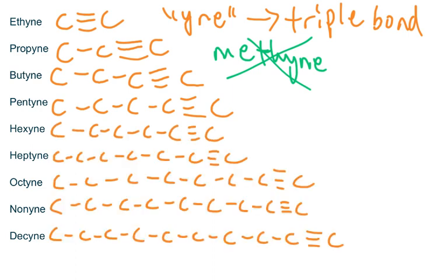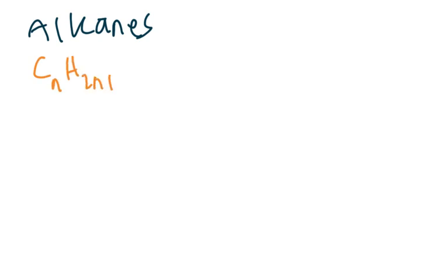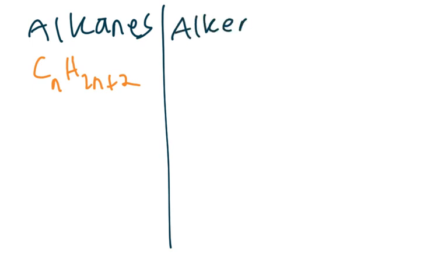So now that we know these basics, what we can do is just like we did for the alkenes and alkanes. If we do a quick review, for alkanes, what did we say the formula was in order to find the actual formula of a compound? We said that was CnH2n+2, right? And then if we just draw a line of separation, what did we say the formula was for alkenes?